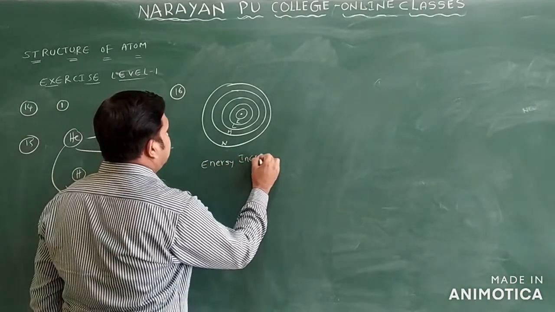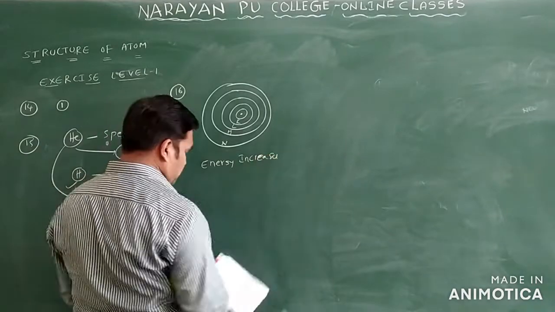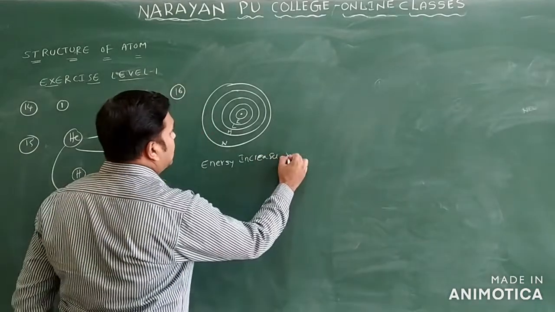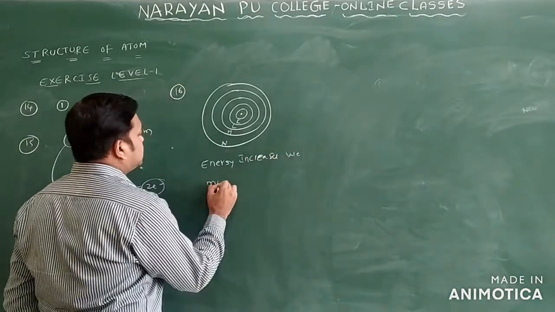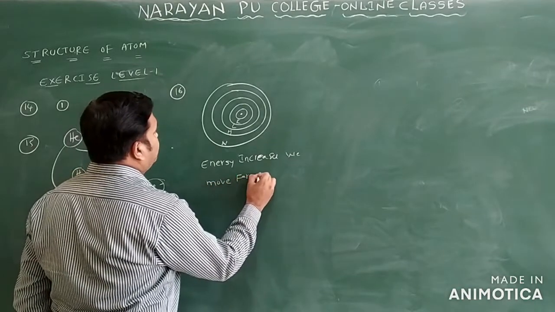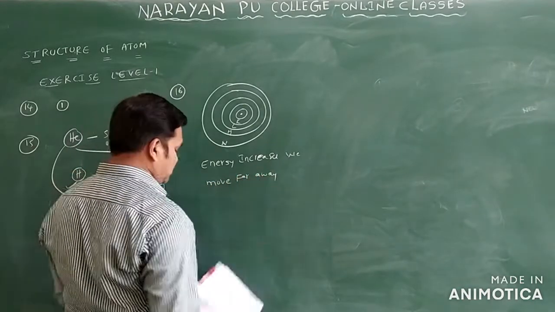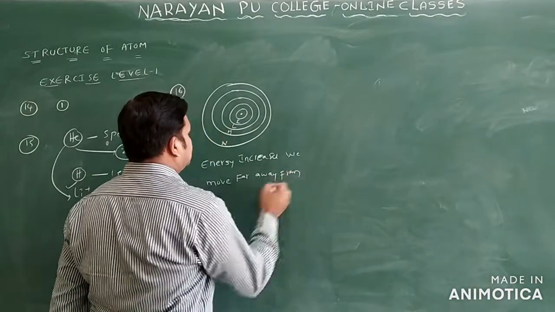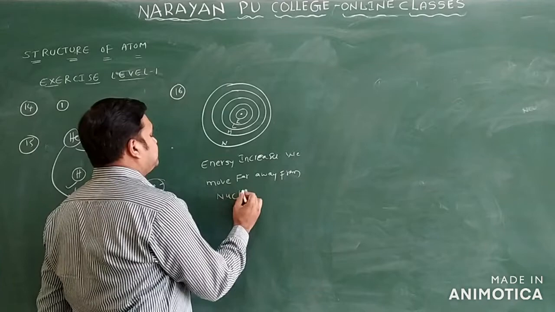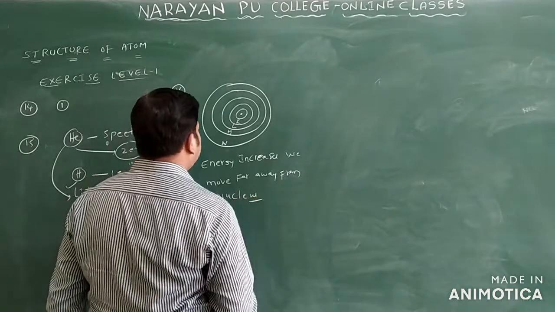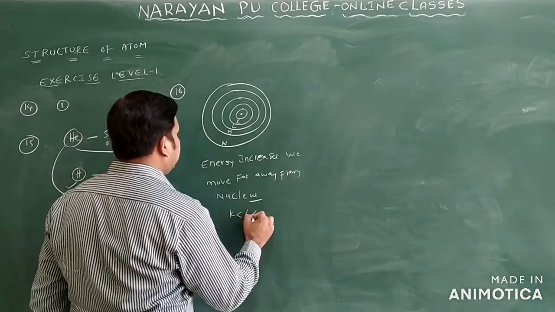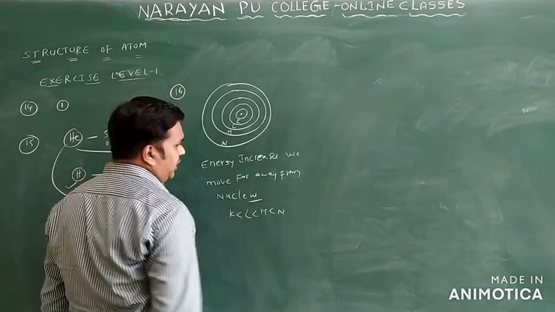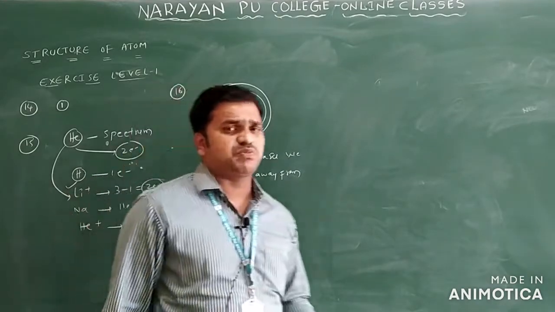Energy increases when we move far away from the nucleus only. What is the energy order you can see here? K less than L, less than M, less than N we have only. You know the principal quantum number.